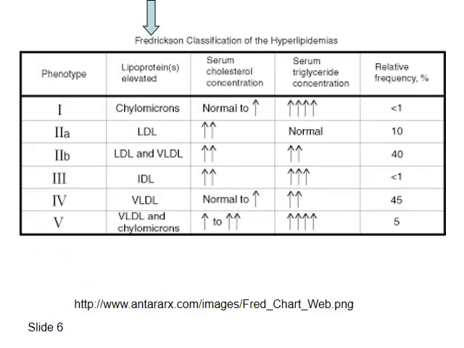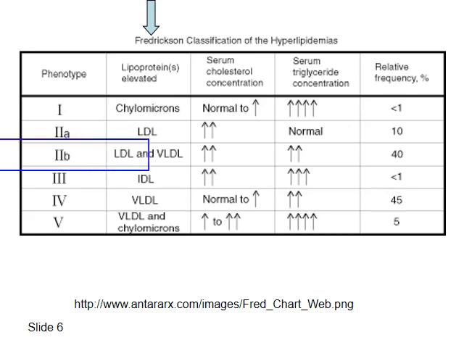This slide contains the Fredrickson classification of the hyperlipidemias. And this is a classification based on phenotype, where certain lipoproteins are elevated, resulting in various effects on serum concentrations of the various lipids.